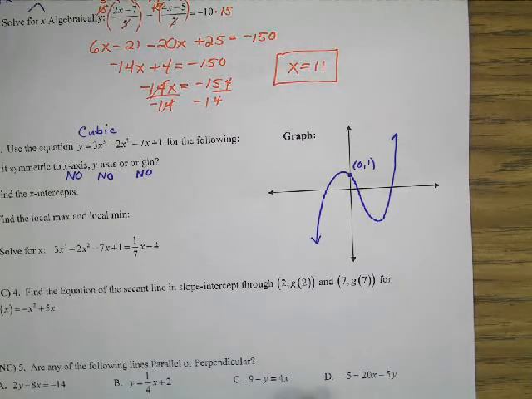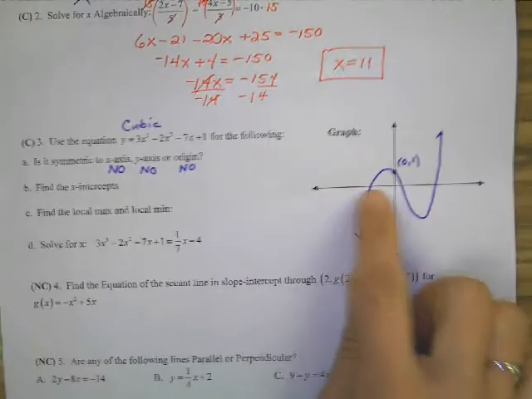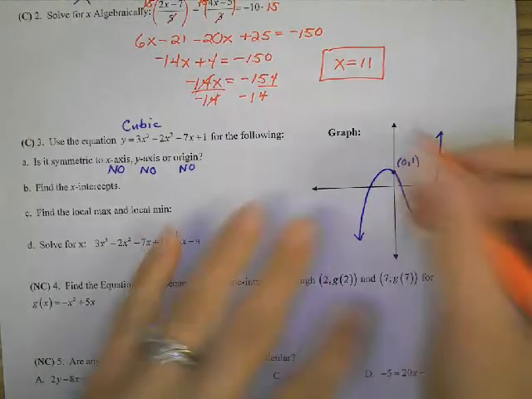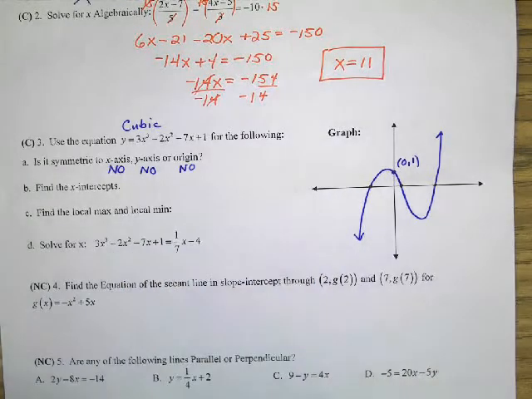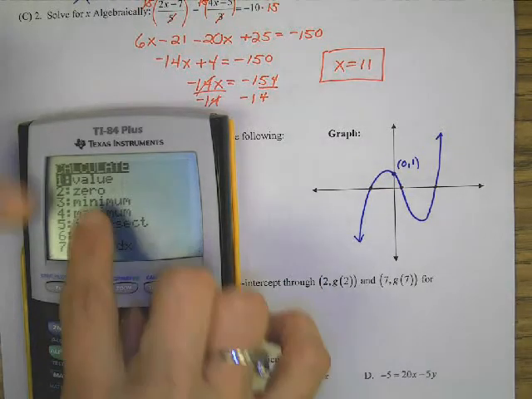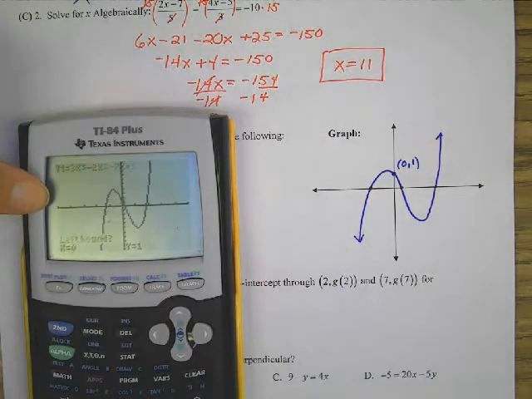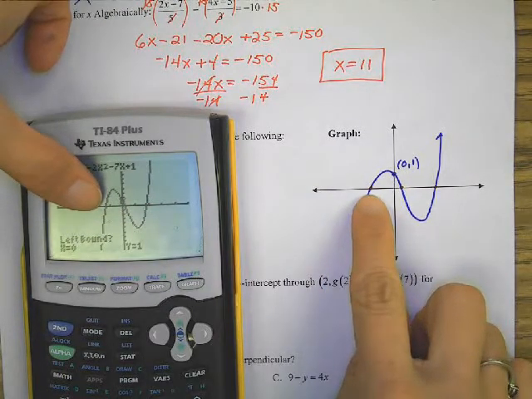If you look at this graph, there are 3 places it does cross the x-axis. Find the x-intercepts. So I'm going to go to second calculate, zero. I'm going to go for this left, negative intercept first. Go left, left, left until you're clearly past and hit enter.